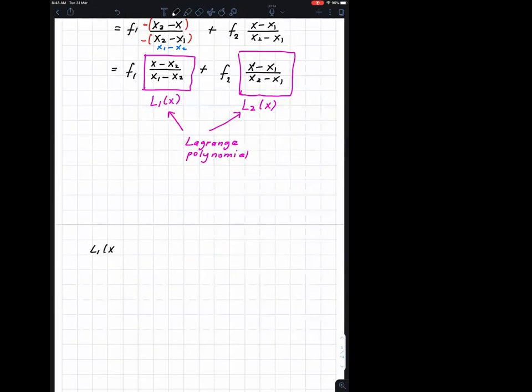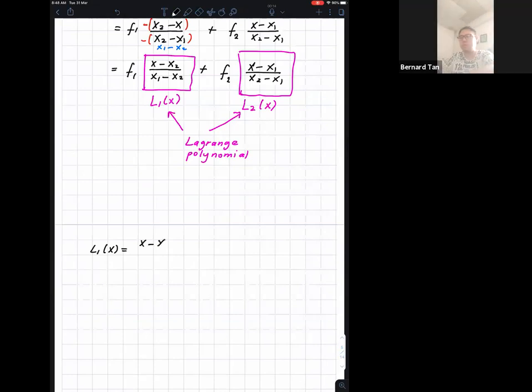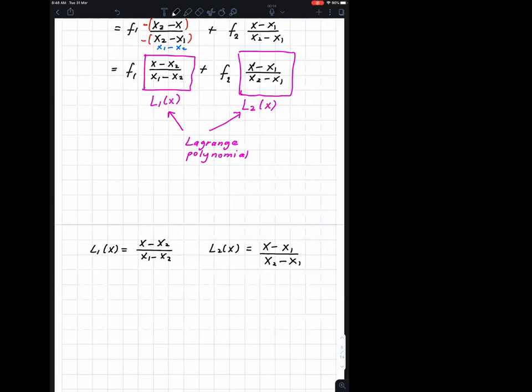So therefore, we found out that L1(x), which is called a Lagrange polynomial, and L2(x) is also a Lagrange polynomial.